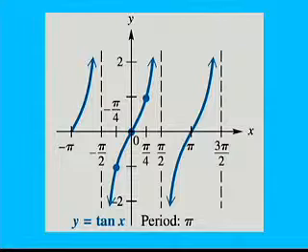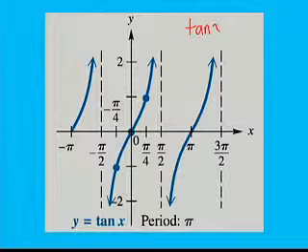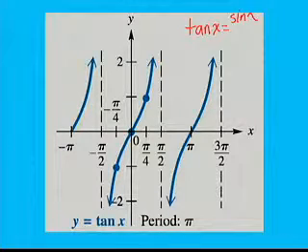So for y equals tangent of x, what I would like to remind you is that tangent of x is equal to the quotient of sine x divided by cosine x.